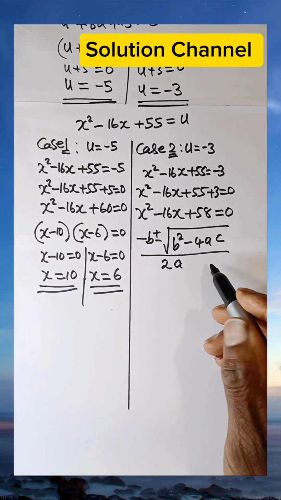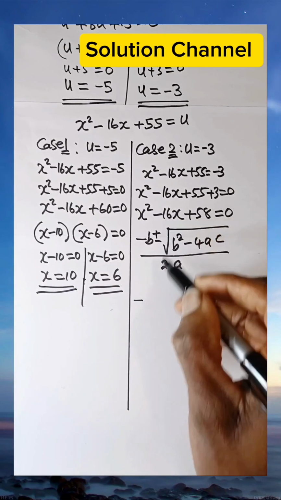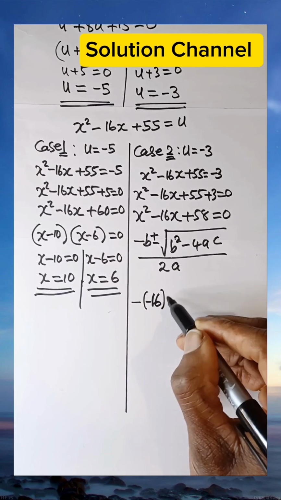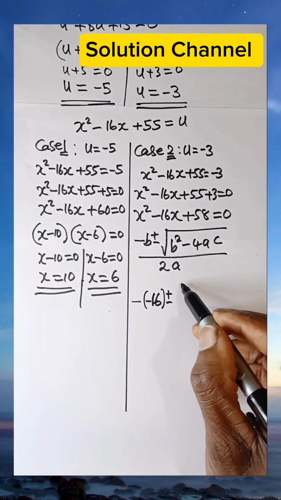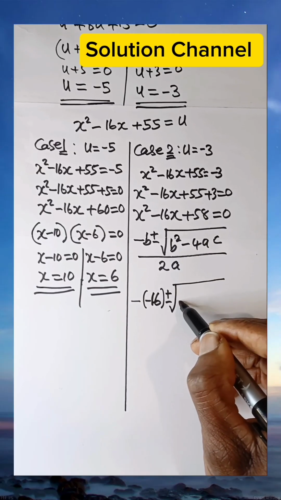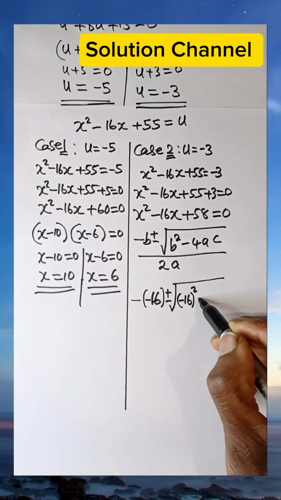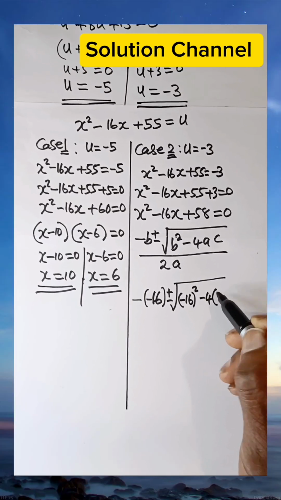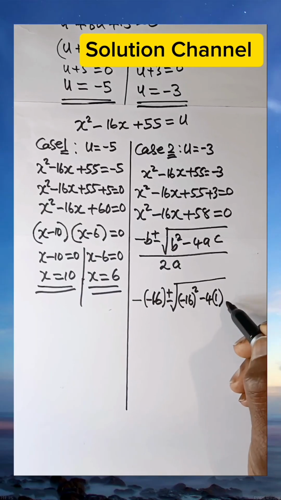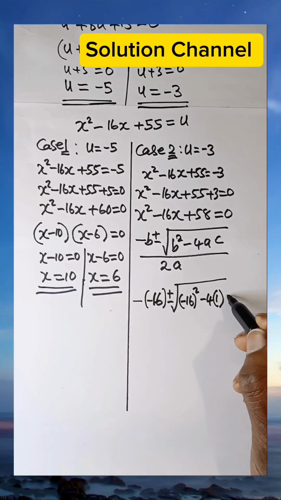This is the quadratic formula. Here we have minus b. b is minus 16. So we are going to have minus minus 16 plus or minus the square root of b squared, which is going to be minus 16 squared, minus 4 times a. a is the coefficient of the first term, which is 1, times c. c is the third term, which is 58.